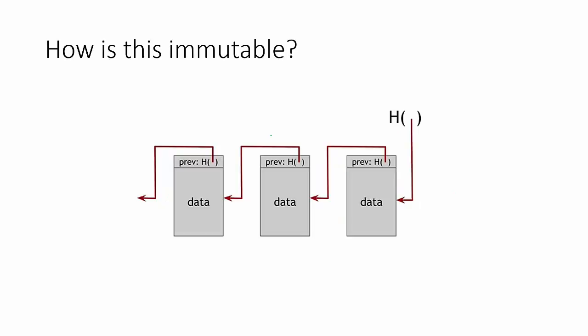On this slide we see a number of blocks. Let's number them. Let us assume 103 is the latest constructed block in the chain. Now suppose we change the content of block 101.